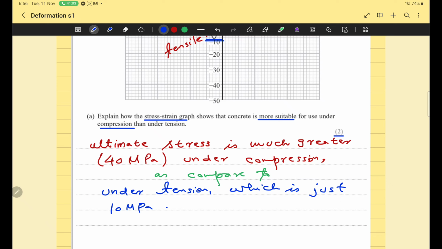So concrete is more suitable for use under compression. Okay. So yes beta, note it.